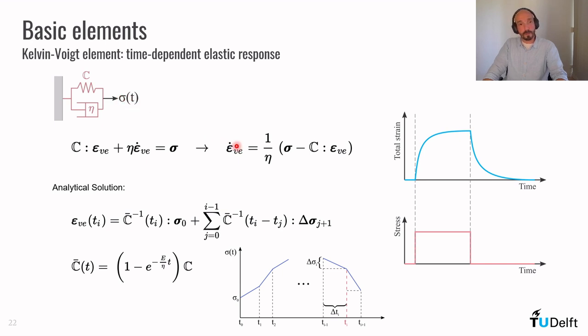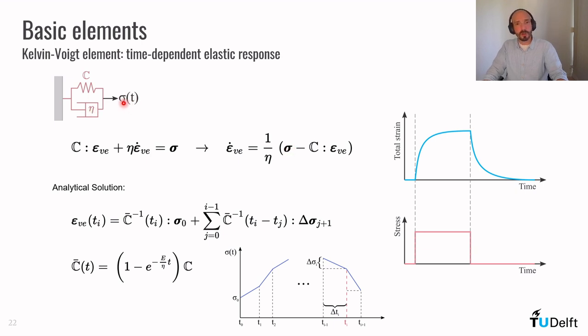So we can solve this equation for the viscoelastic strain rate, and the viscoelastic strain rate will be given by this expression here. And we can see in the beginning, the deformation of this element is 0. So this value here will be 0, and the strain rate of this whole element will be given by 1 over eta times sigma.